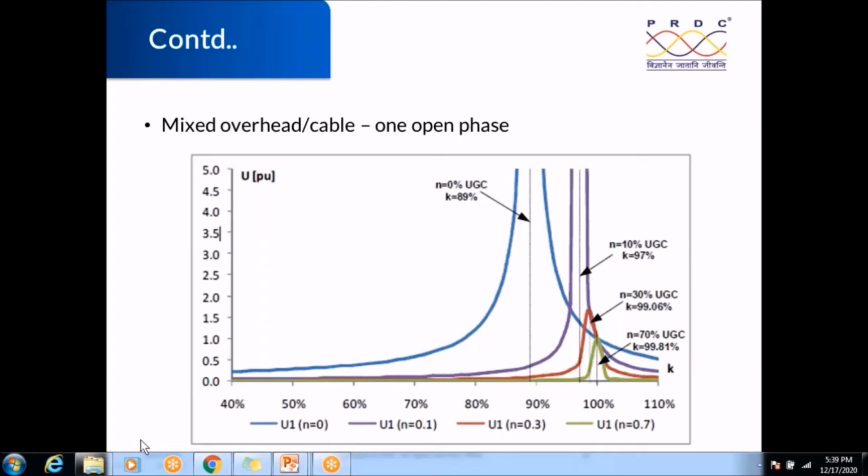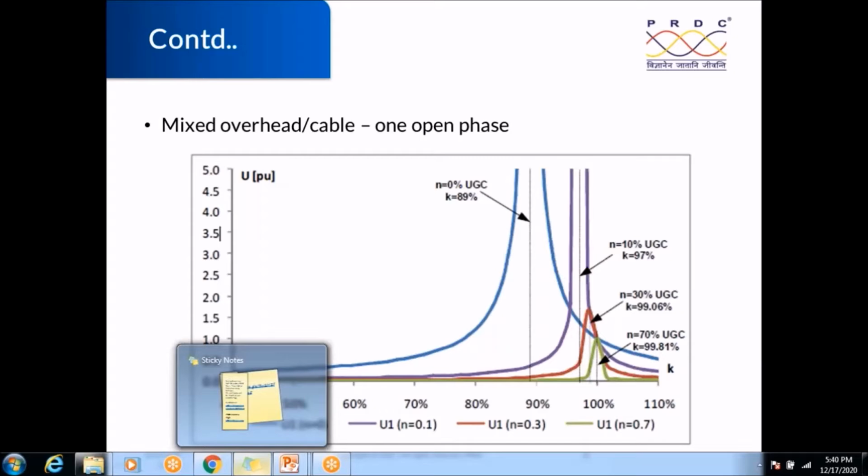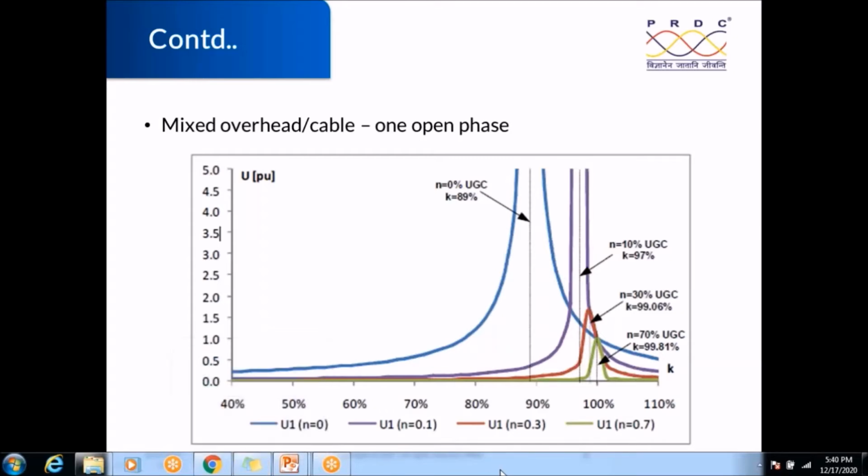So you can see from this diagram, in case of single phase opening for the mixed overhead circuit, the resonance point is around 90%, shown in blue where n is equal to 0. If you increase the percentage of underground cable, like 10% and 30%, your resonance point slowly moves towards more than 90%, and the magnitude of voltage also changes. For example, this red one shows 1.5 pu.